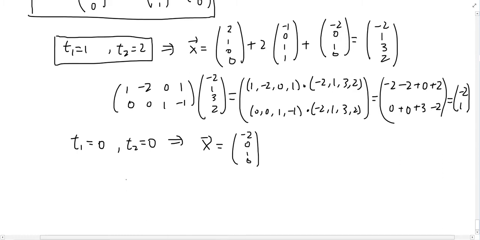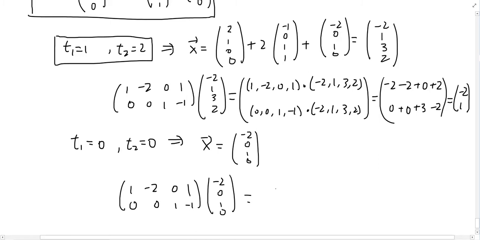Now, does that mean that this vector will work? As a matter of fact, let's find out. So it will be negative 2 plus 0 plus 0 plus 0, and on the bottom 0 plus 0 plus 1 plus 0. So it does work. It comes out to be (-2, 1).